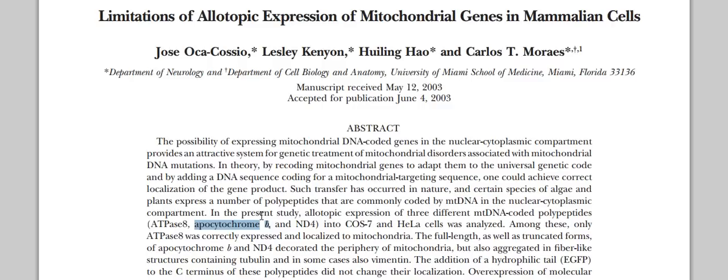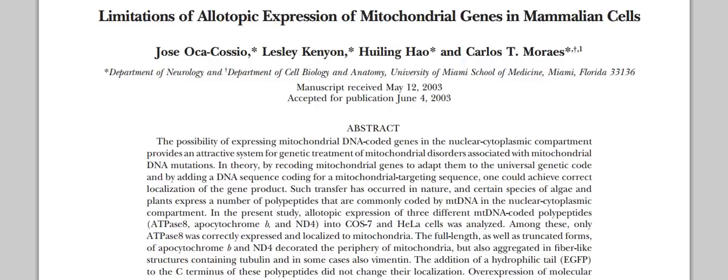I've never actually heard them. And then ND4. And in this study, ATPase6 was incorporated successfully. It was very successful, while the other 2 they tried were unsuccessful and in fact led to cell death.